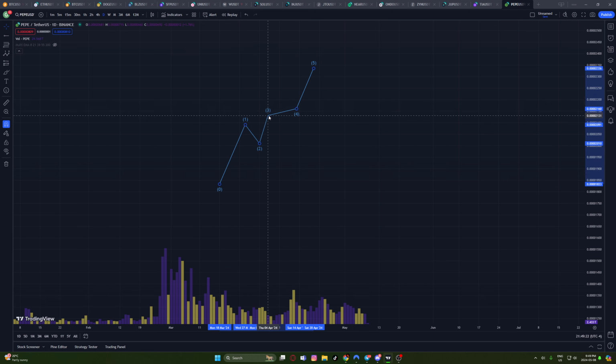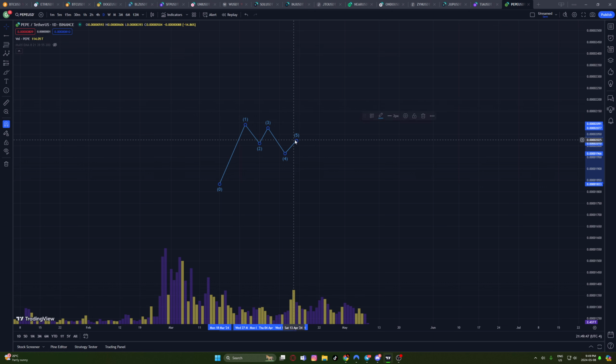If this number three is above number one, this high is higher than this high. Okay, I hope that makes sense. It's a little bit confusing. Now, if we were to do this, this is a lower high, and then the price would likely come down.